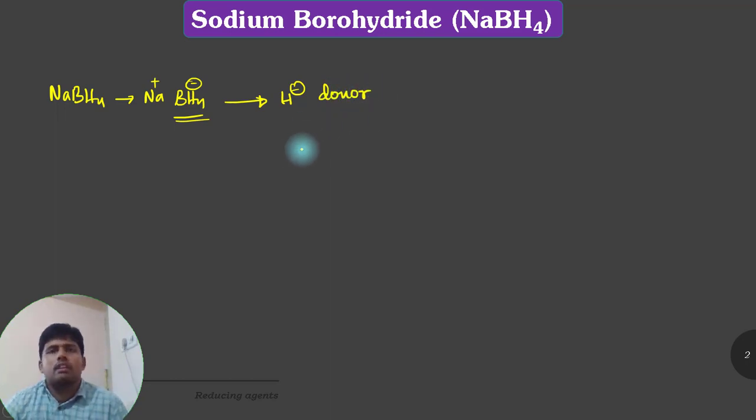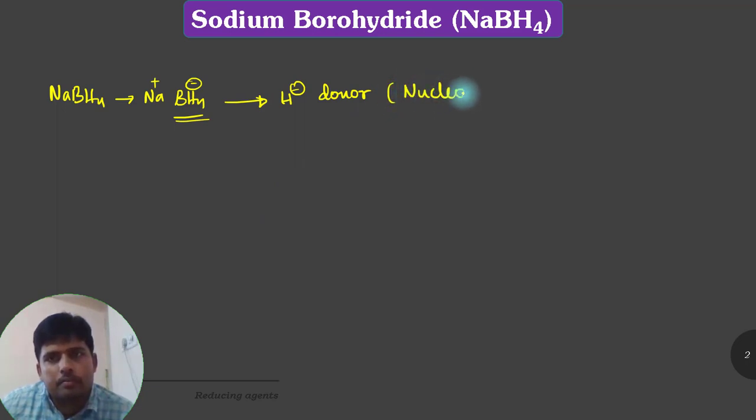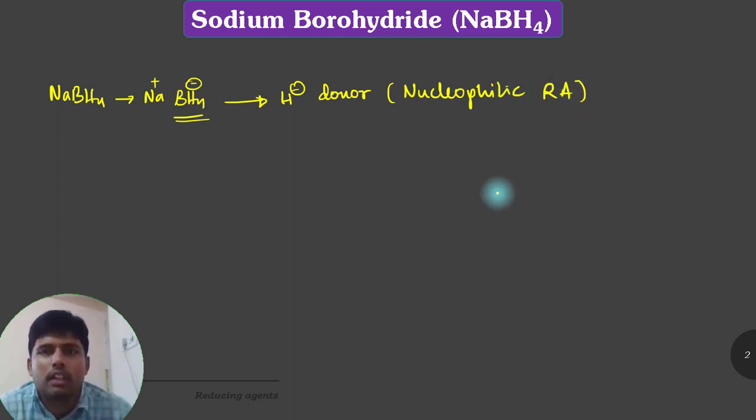So basically the reducing effect is caused by H-. So it's a nucleophilic reducing agent. Wherever you see the reaction of NaBH4, it's due to reaction of H-, which is going to be a nucleophilic reaction.